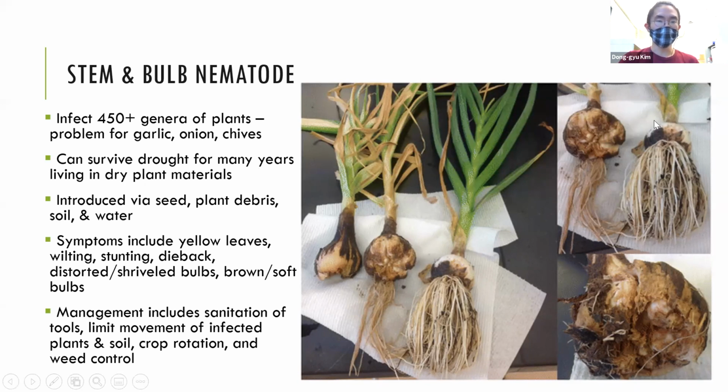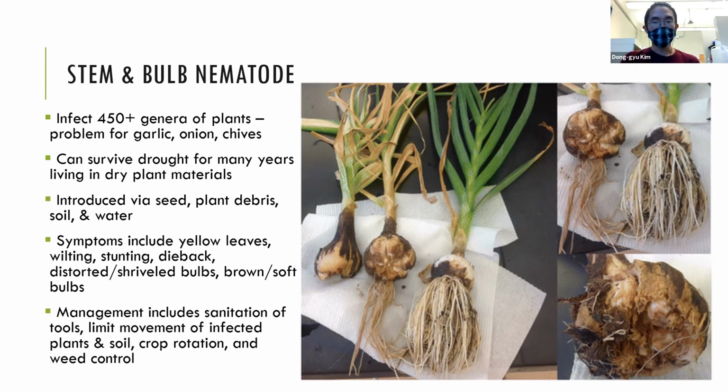The stem and bulb nematode is also capable of infecting 450 and greater genera of plants, but is again particularly a problem for garlics, onions, and chives. These nematodes are also very hardy, as they may survive drought for many years, living in dry plant materials, and are introduced to uninfested soils via seed, plant debris, soil, and water.